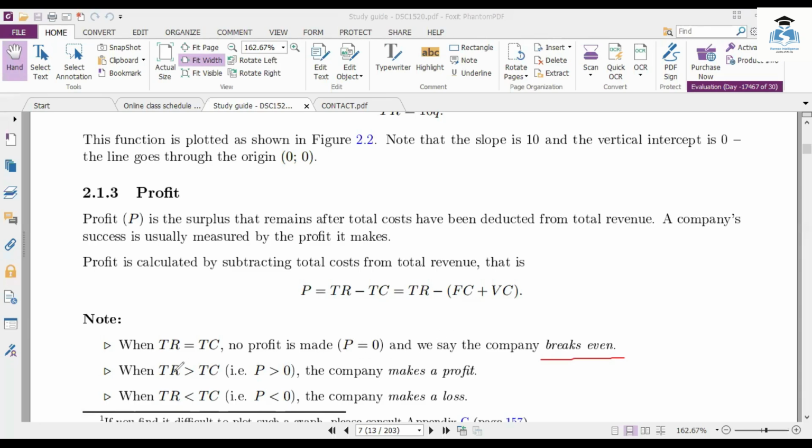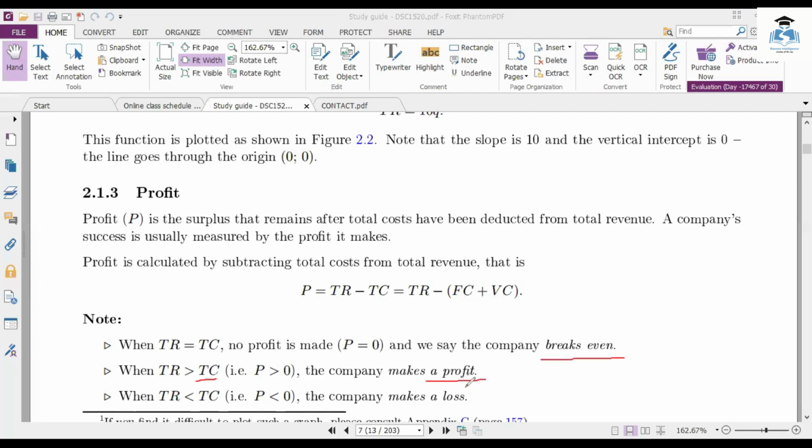Then when total revenue is greater than total cost, the company will make a profit. In other words, the money that we received after selling our products minus the total cost that was incurred eventually becomes our profit, which is greater than 0.